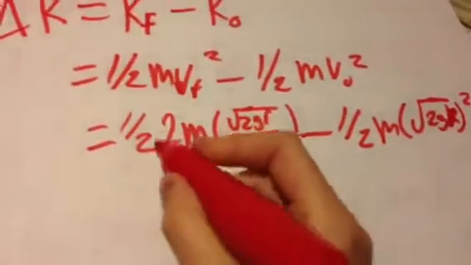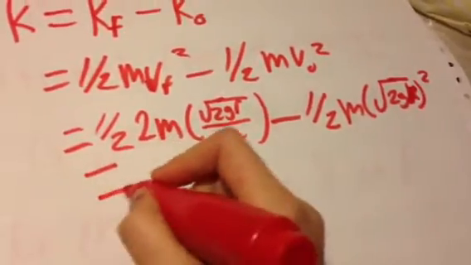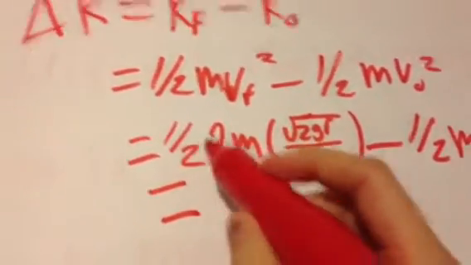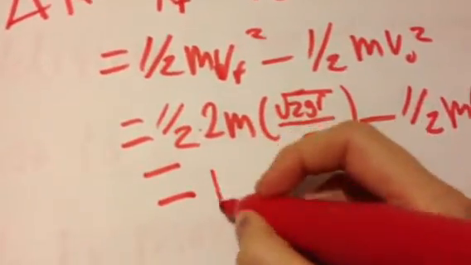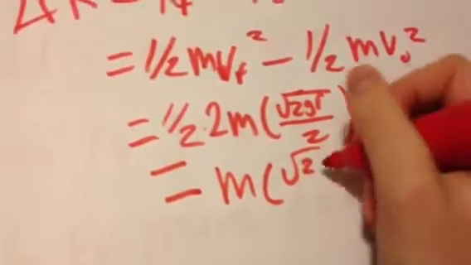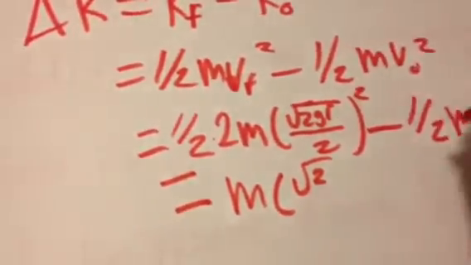Now, these will cancel each other out. So we're left with m times the square root of 2, well, not even, because we had to square that.